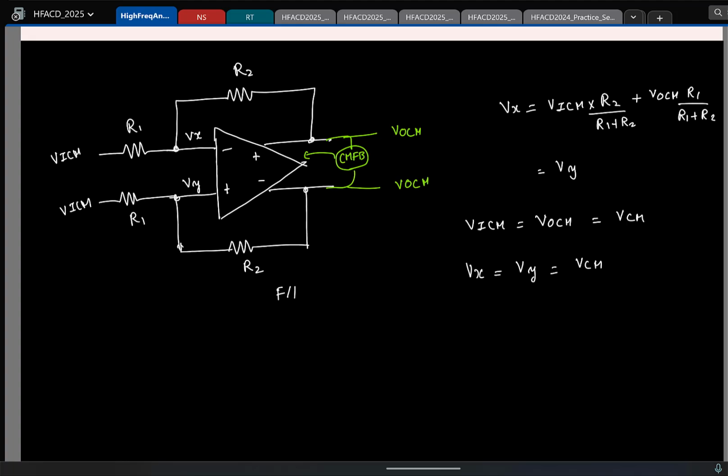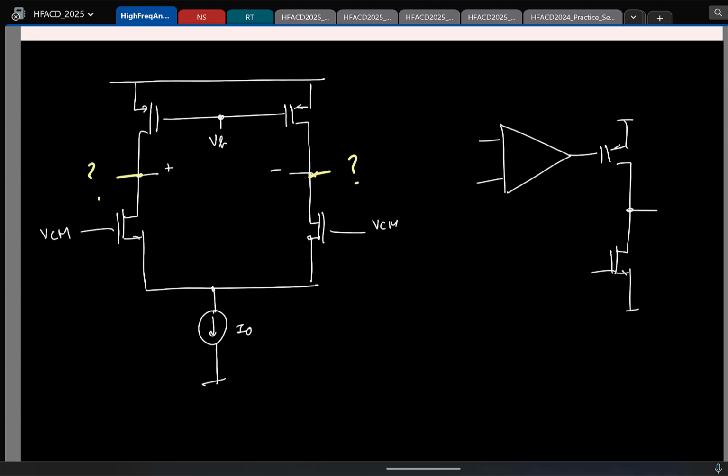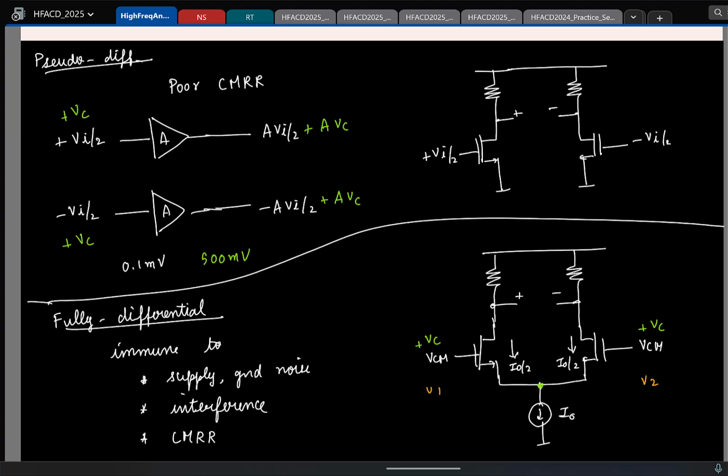So the takeaway from this class is the following: on chip, you always try to have fully differential systems because they are immune to all kinds of common mode disturbances, starting from supply, grounds, or any interfering signal that is getting added. You can have two implementations, by the way. You can have the pseudo differential, but that has poor common mode rejection. So that is why we have the fully differential.